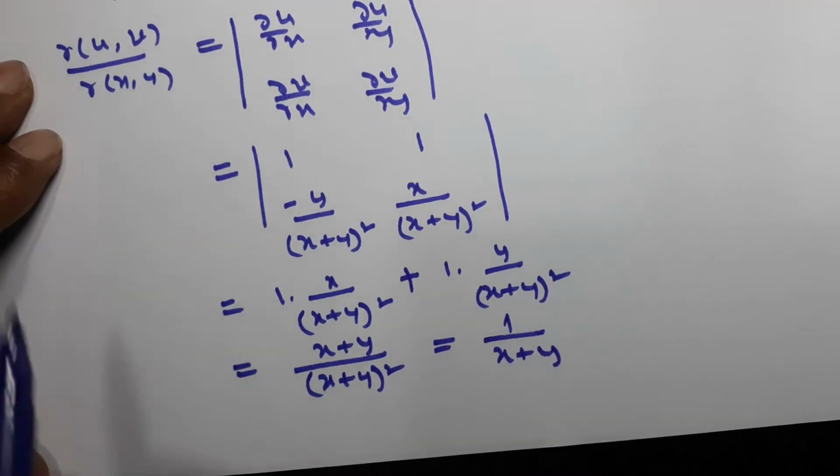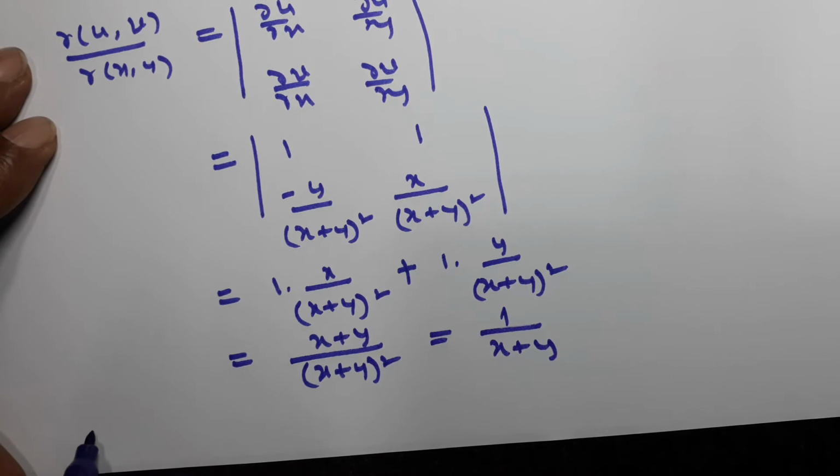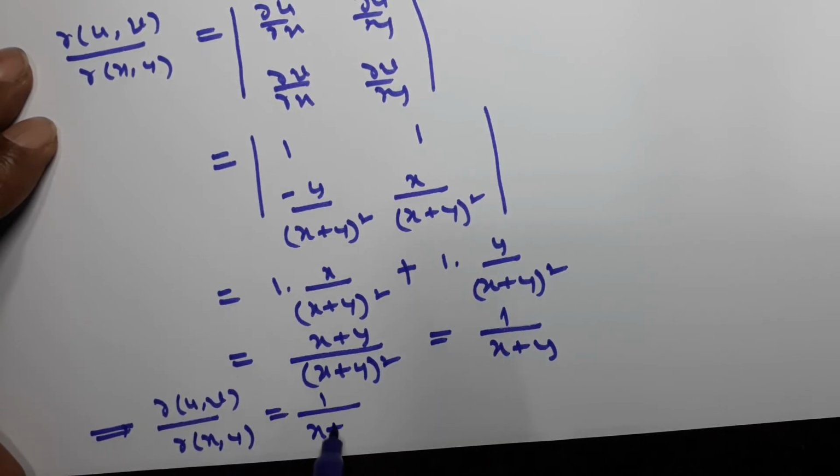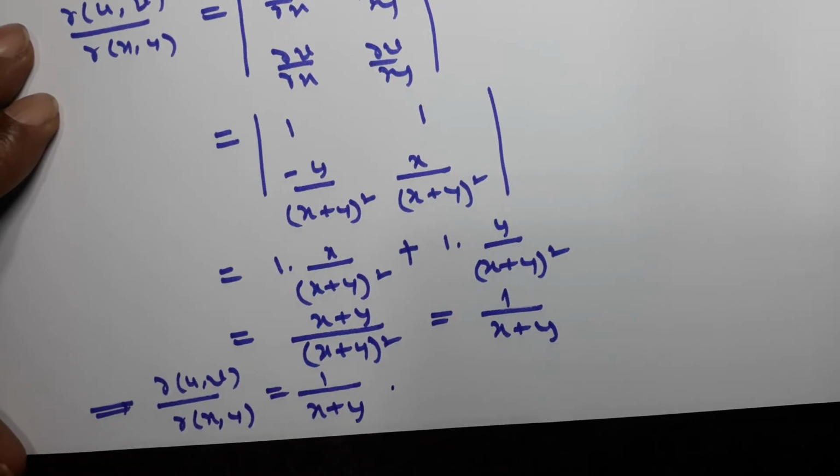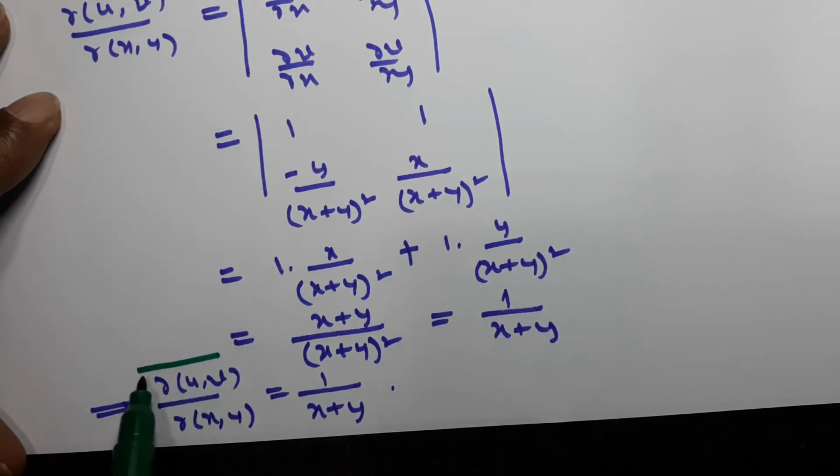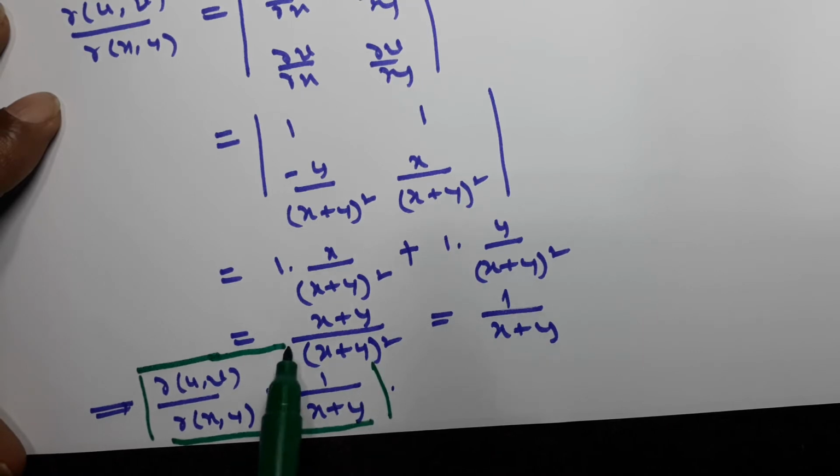So dou of (u, v) divided by dou of (x, y) is equal to 1 by x plus y. The result, the value of the Jacobian, is dou of (u, v) divided by dou of (x, y) is equal to 1 by x plus y.